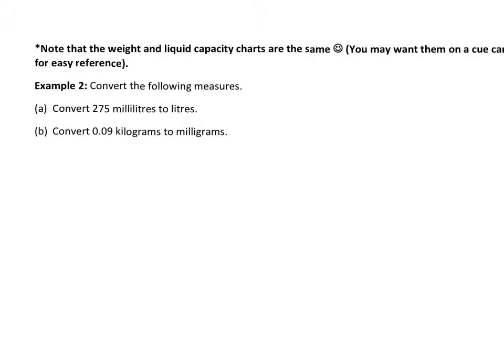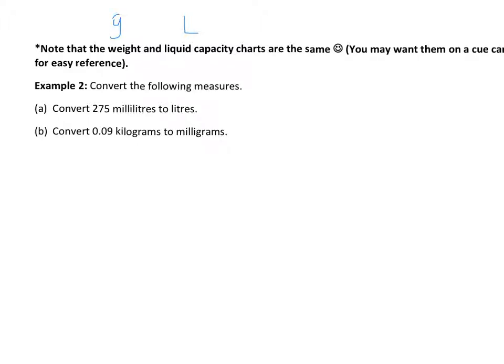Notice that the weight charts, with grams at the center, and the liquid capacity or volume charts are exactly the same, because in the metric system, the prefixes, or the part that comes at the beginning of the words, are exactly the same. So the only piece different is that the weight ones have a G for grams in the middle, and the liquid capacity ones have a capital L for liter in the center.